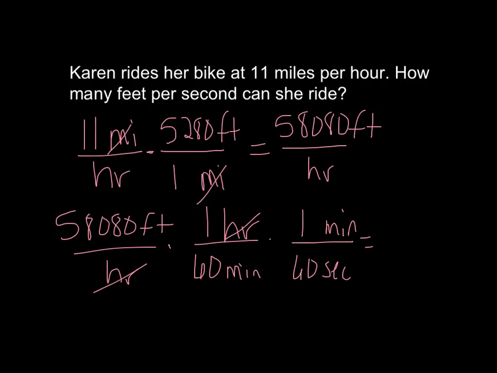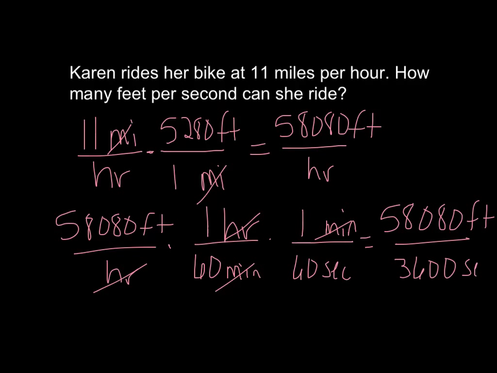So I'm going to multiply straight across. In my numerator, I'm left with 58,080 feet over 3,600 seconds. Then I'm going to divide that to get 16.1 feet per second. So 16 feet a second about.